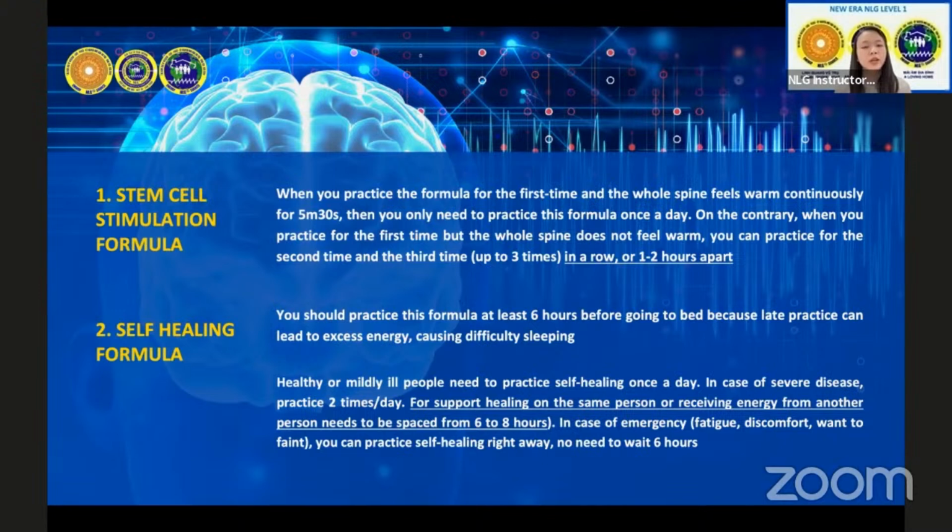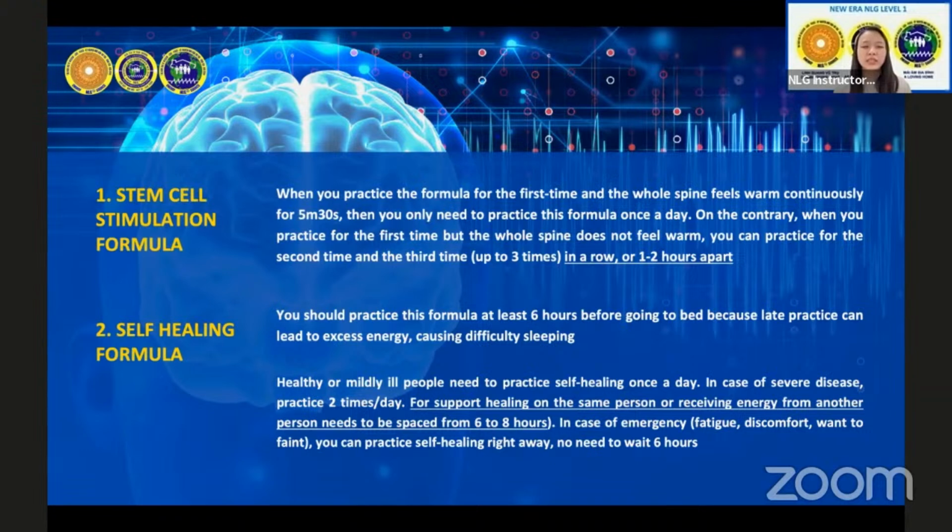So maximum 3 times a day, everyone, for the stem cell stimulation formula. You can practice it continuously in a row, or 1 or 2 hours apart. That totally depends on you and your schedule.